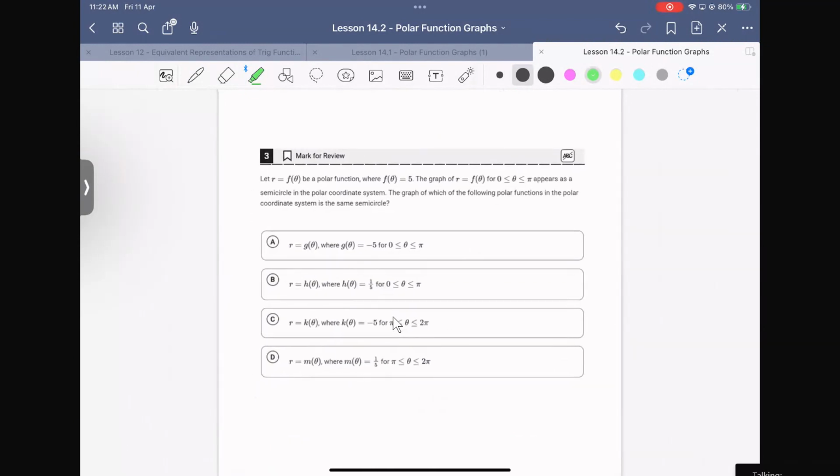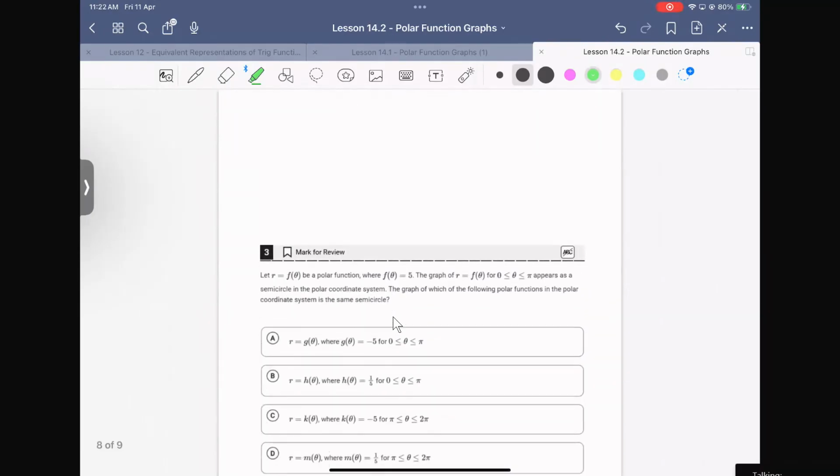Let r equal f of theta be a polar function where f of theta equals 5. The graph of r of theta for the interval from 0 to pi appears as a semicircle. So if you think about this, let's sketch the Cartesian graph of this.